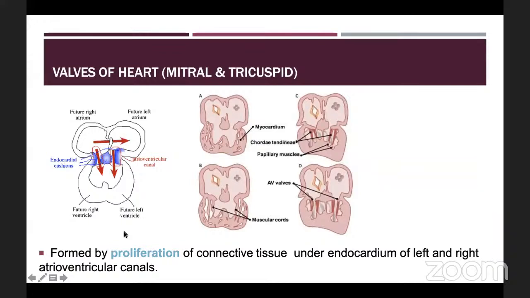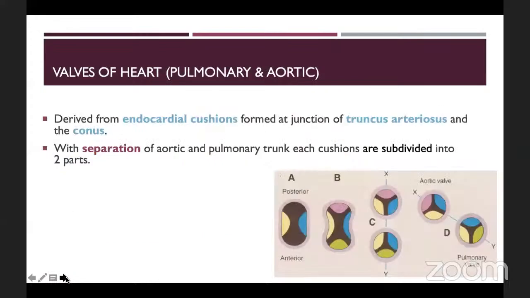Valve development: the atrioventricular valves are formed by proliferation of the connective tissue under the endocardium of the left and right atrioventricular canals. The pulmonary and aortic valves are derived from endocardial cushions formed at the junction of the truncus arteriosus and the conus.